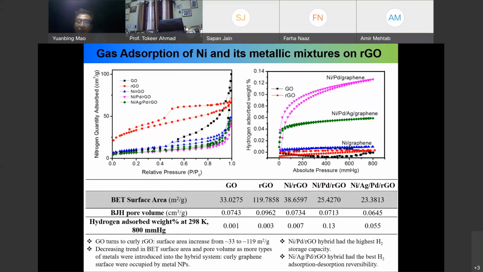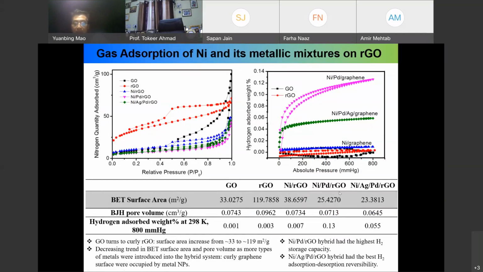Here shows the BET surface area, you will see that when the graphene oxide is reduced, the surface area actually increases, because reduced graphene oxides are mostly curved, not like the graphene oxide, which is more flat.